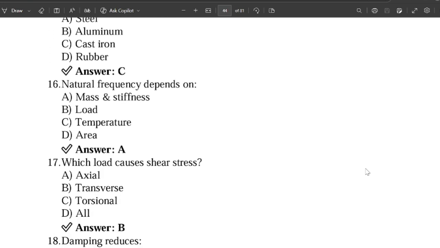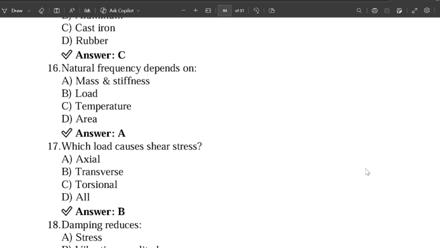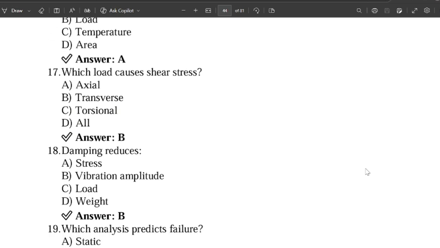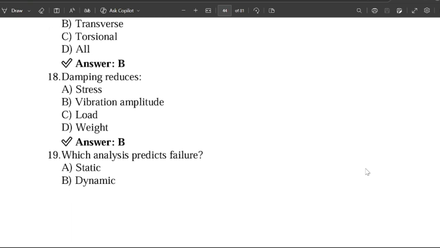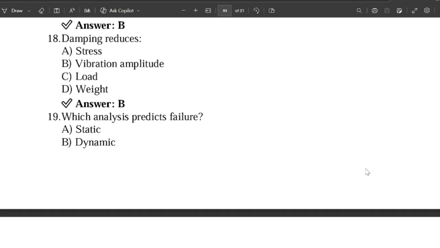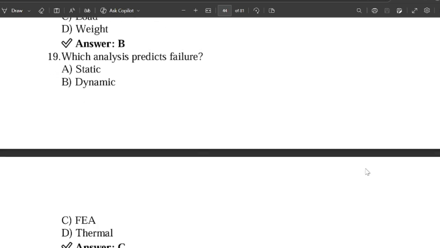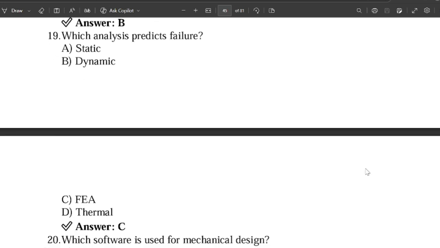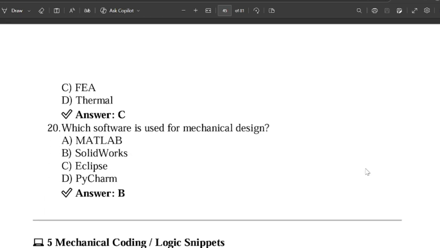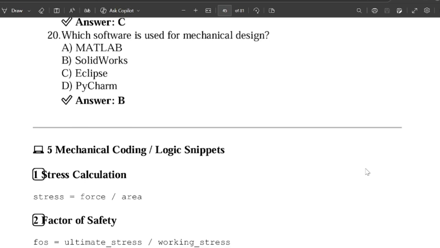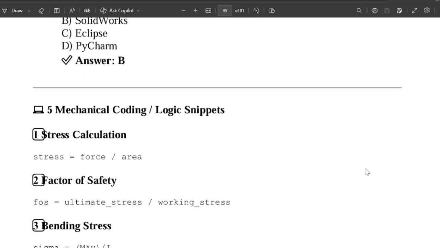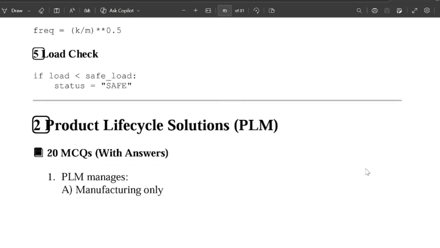Cast iron. Natural frequency depends on mass and stiffness. Which load gives shear stress? Transverse. Damping reduces vibration amplitude. Which analysis predicts failure? FEA. Which software is used for mechanical design? Answer is SolidWorks. And the coding parts.